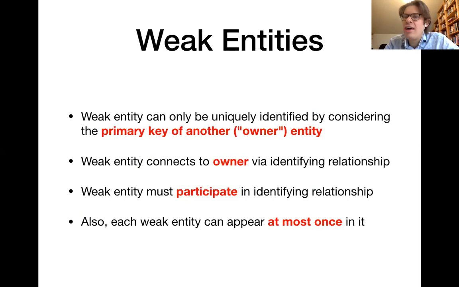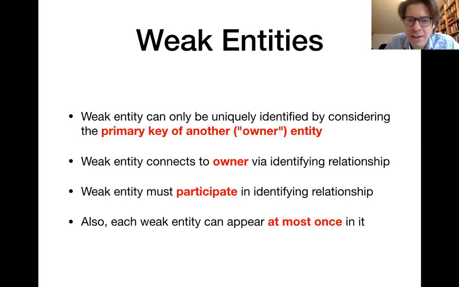To indicate the owning entity, we have to connect the weak entity with a specific type of relationship to the owner entity. The weak entity needs to be connected by an exactly one relationship to the owning entity.